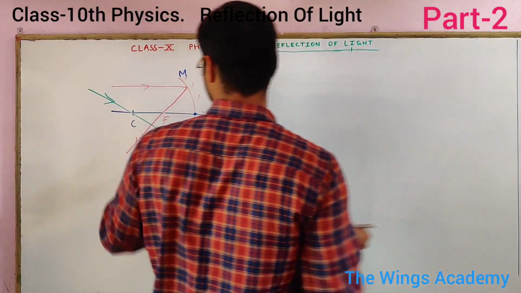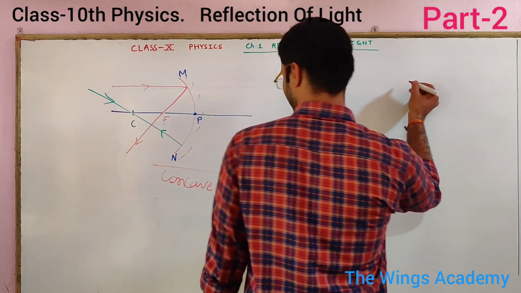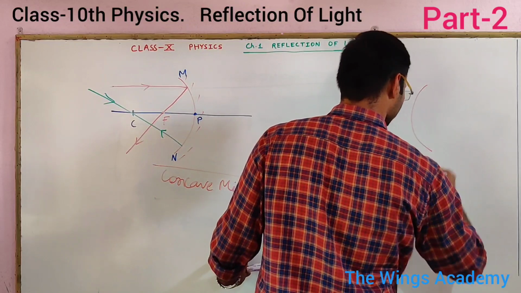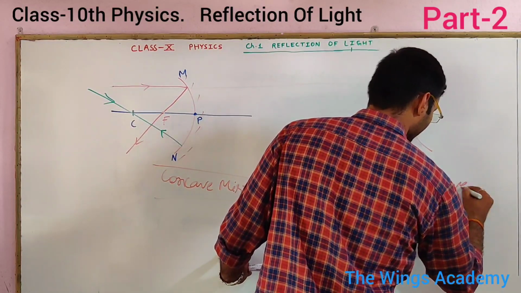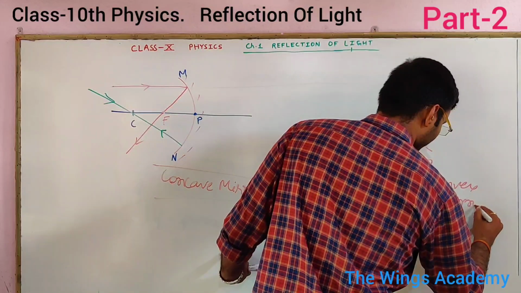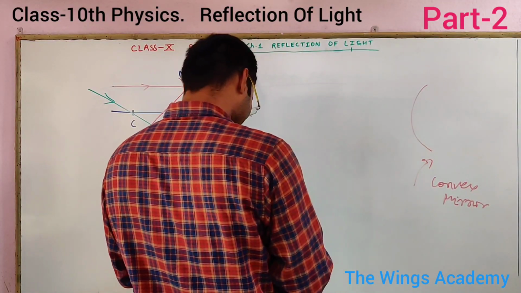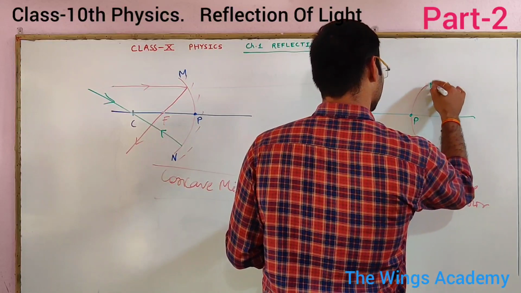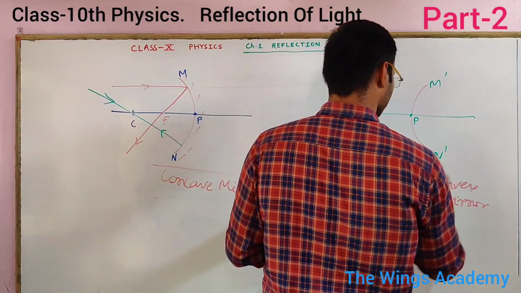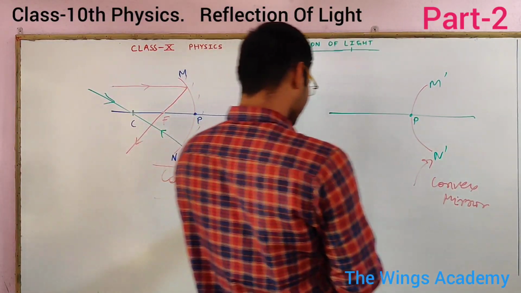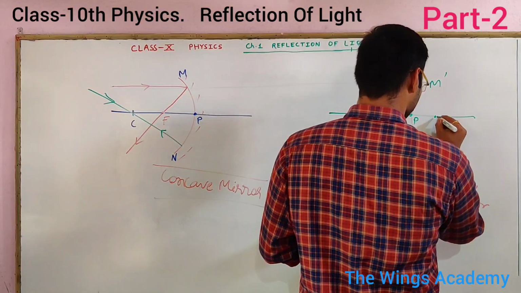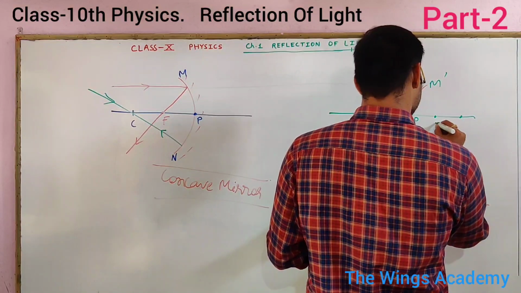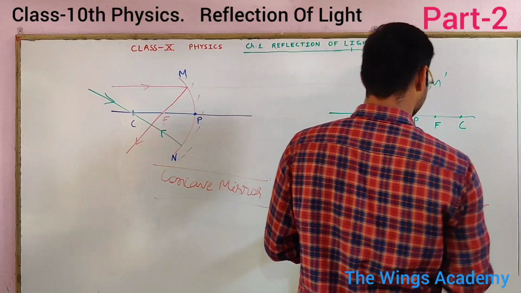If we want to see these two rays in a convex mirror, this is our convex mirror and this is the central axis of this mirror. This is the pole. Suppose that this is M dash N dash. This is our focus and this is the center of curvature.